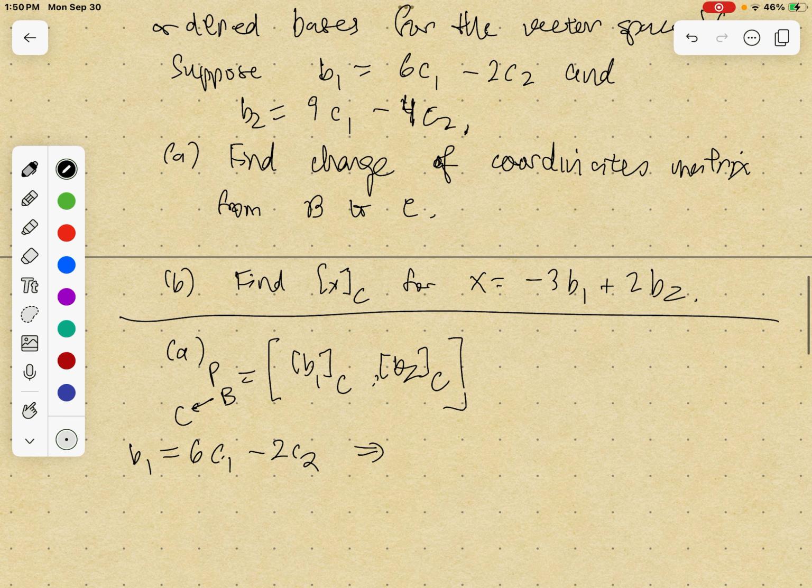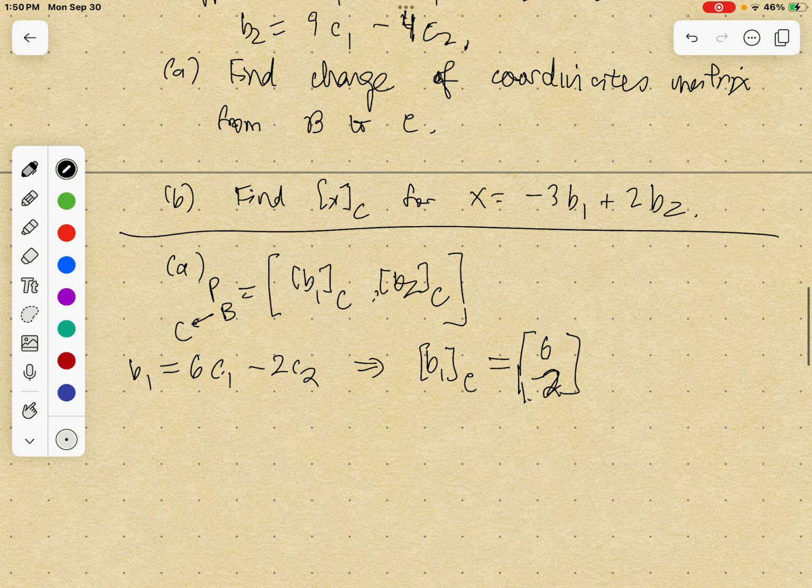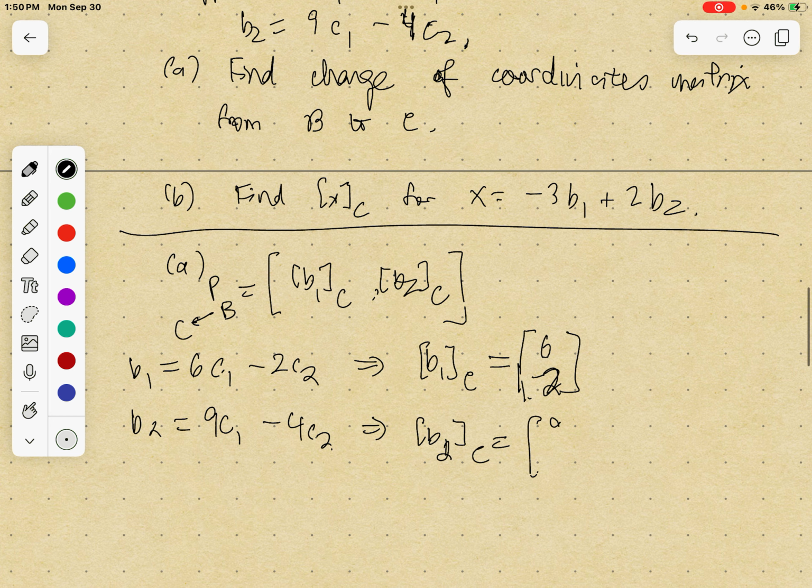That's the same as saying that the vector of B1 relative to C is 6, negative 2. Right? That's the definition of the coordinate vector. And similarly, B2 is 9C1 minus 4C2, so that tells me that the vector of B2 relative to C is 9, negative 4.